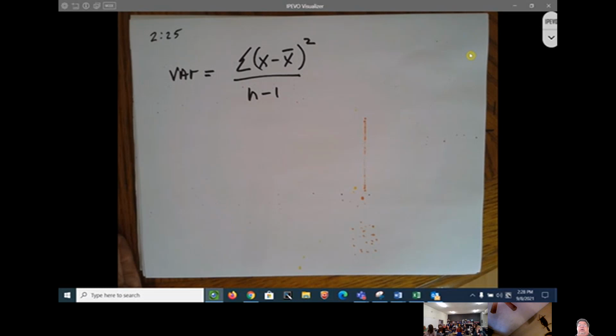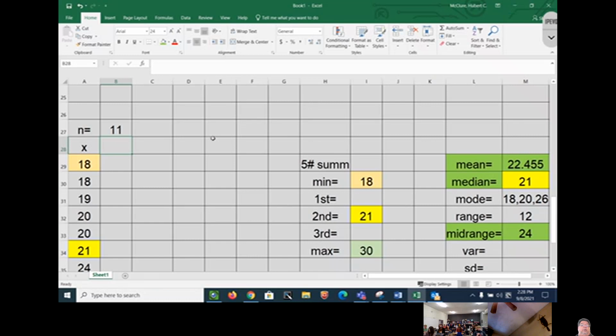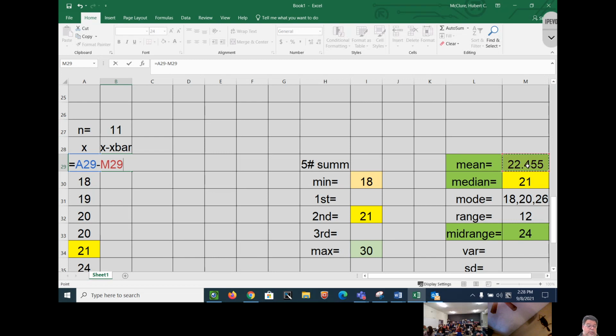So that's about the third time I've written that down, but hopefully y'all wrote it down by now. So I'm going to do x minus x bar. And that's going to be equal to this number minus this number. And F4. And copy that down.